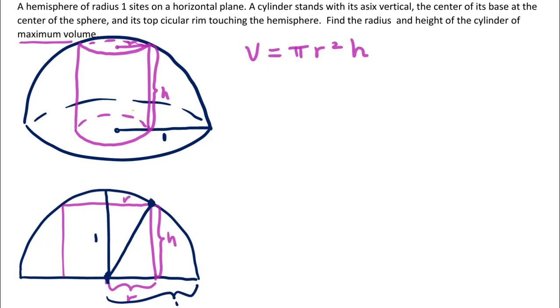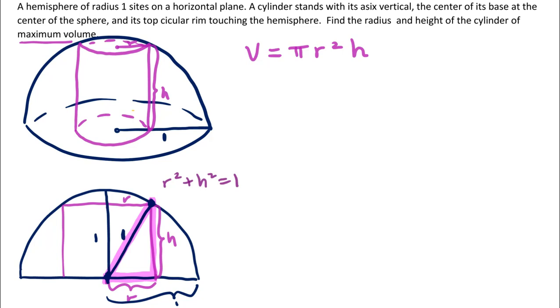So that's kind of the key to all of this. So this right here is 1, and what we have is this nice triangle. It's a right triangle, and it has a base of r, a height of h, and a hypotenuse of 1. So we can say r squared plus h squared equals 1.